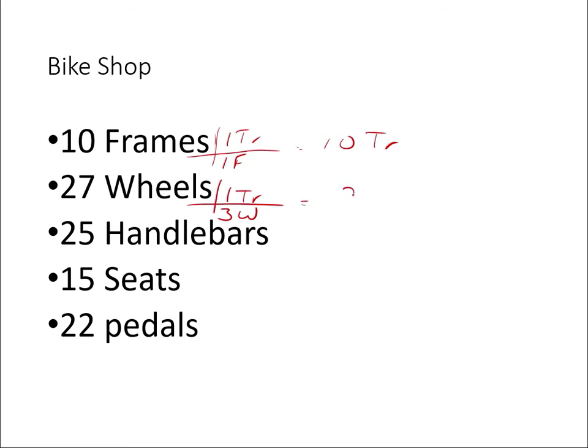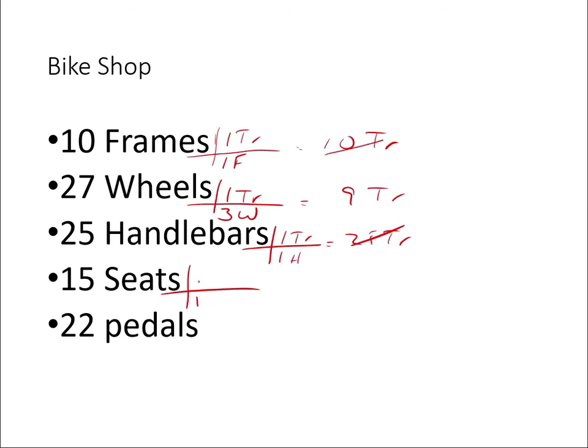So I can make 9 tricycles. And you immediately, probably your head says, that number is less than the 10, so I can't make a full 10. Then you did the handlebars quickly and you said that was almost a waste of time because the number was so large, but you still kind of did it quickly in your head and found that you could make 25 tricycles and crossed that out immediately.